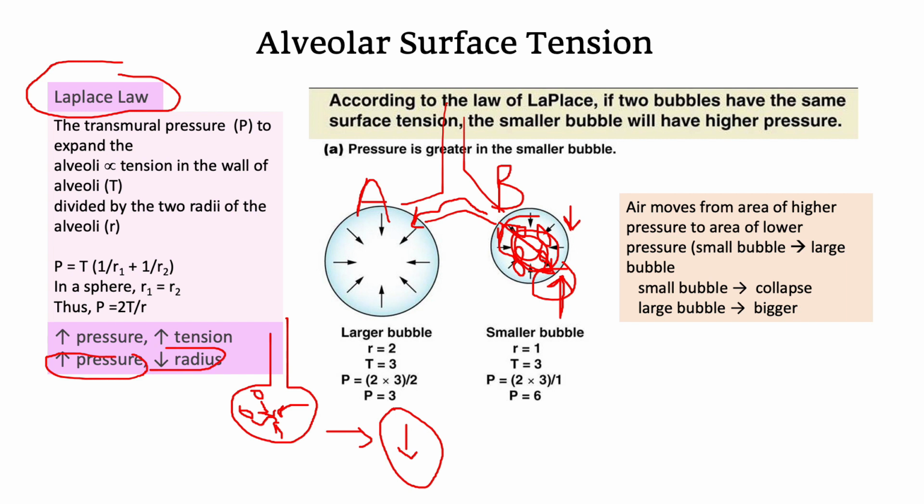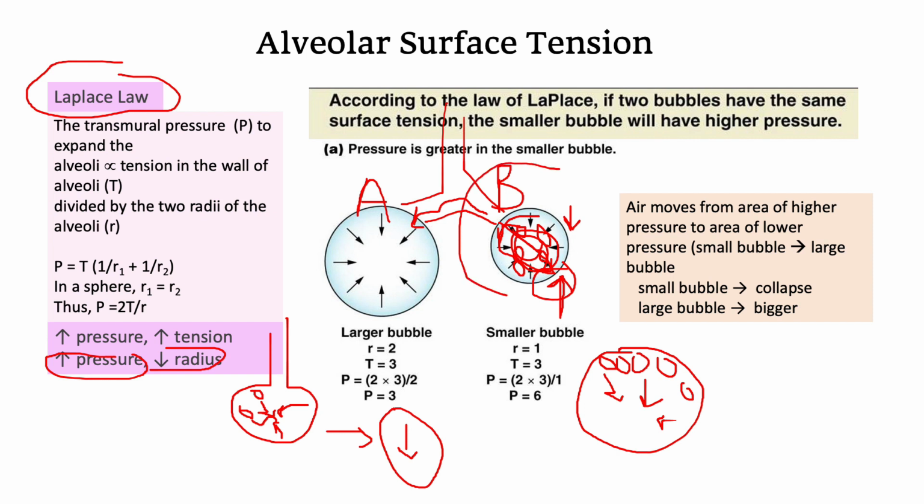Say this happens throughout the lungs, meaning the surface tension of the alveoli is increased. All this water will pull the alveoli, the alveoli become smaller, and eventually the alveoli will collapse.